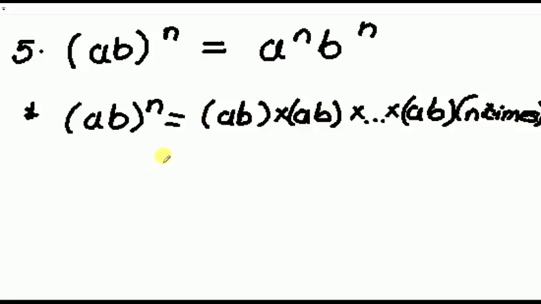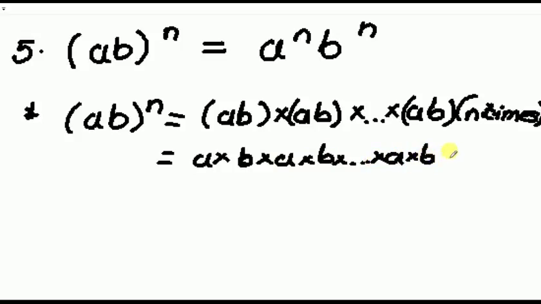This will give us a multiplied by b multiplied by a multiplied by b multiplied by a multiplied by b, and so on, multiplied by a multiplied by b, and they are both multiplied n times.